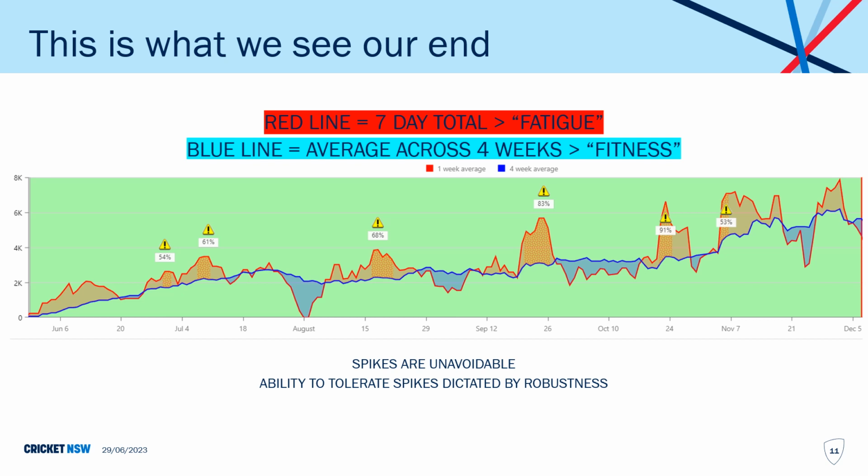So these spikes are going to be unavoidable. In reality, we rarely ever see someone have no spikes, and actually, as long as we control it in some kind of way, they're needed, because the reality of a cricket season and cricket as a sport is that there will be spikes in workload, because cricket is quite volatile in the way the schedule is, where some weeks you might bat every day and be in really good form, and then other weeks you might not get any runs and you're not doing anything at all.